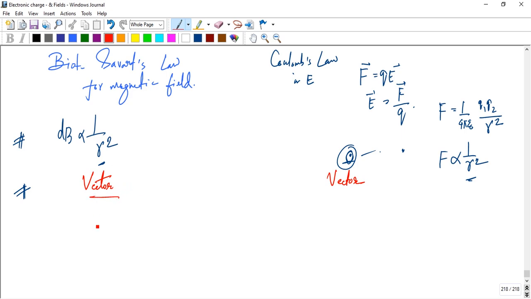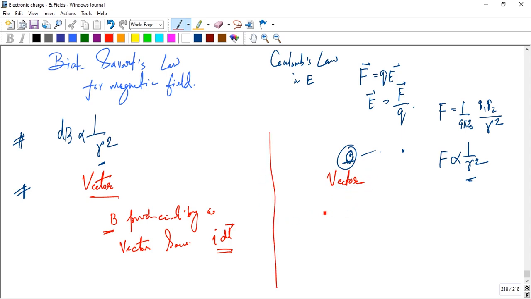One thing to note is that B is a vector produced by a vector source, I dl. The magnetic field is produced by a vector source, but the electric field is produced by a scalar source, only Q, a single charge, a scalar quantity.